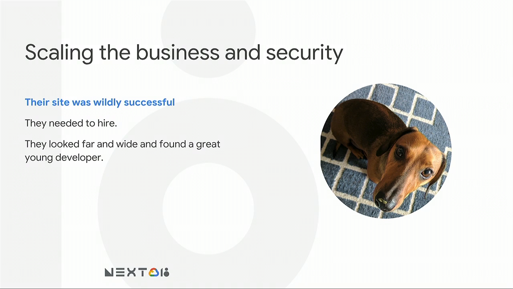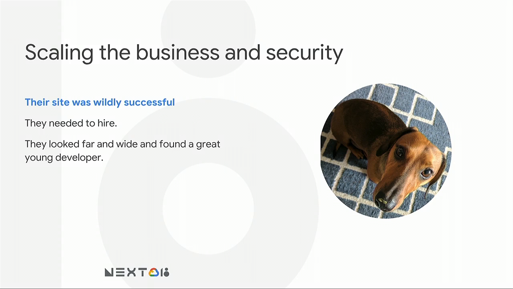All right, so it turned out that cat photos on the internet were a hugely underserved market. The cats are business geniuses, and so they need to scale their business. They have to hire. And they look around and they find this great engineer. His name is Sherlock. You can see him right here. He has a lot of experience in the cloud, but he's new to GCP. So he's learning.